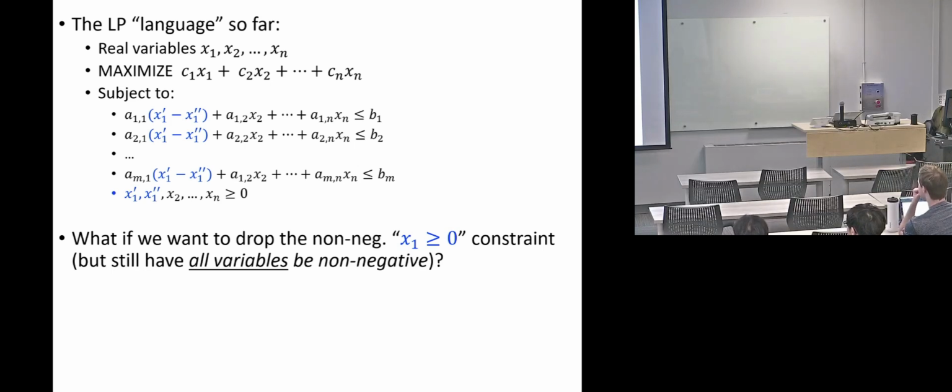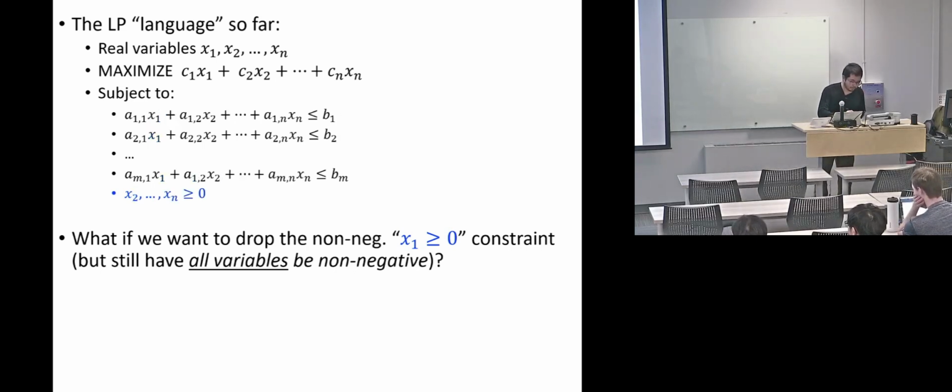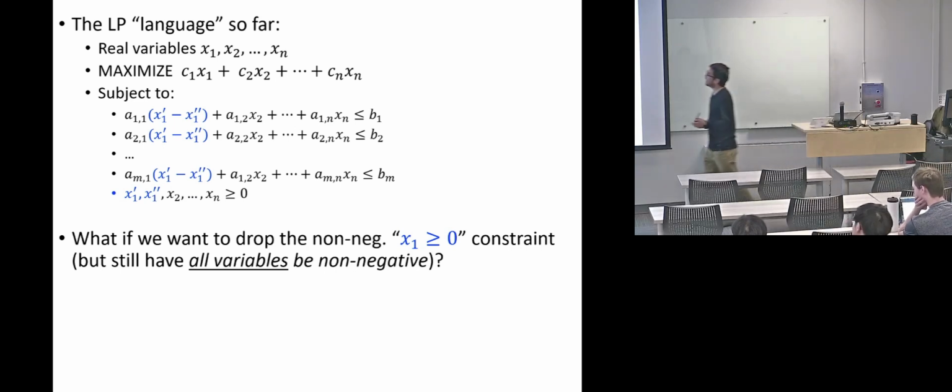But it's basically equivalent to x1. Because if x1 needs to be negative 10, let's say, then I put x1 double prime here to be positive 10. Then it's going to act like x1 when x1 is negative.